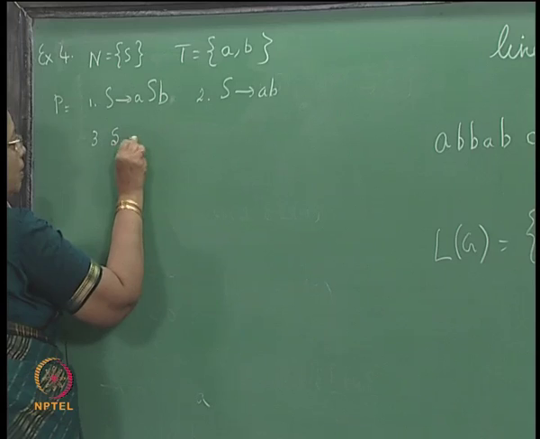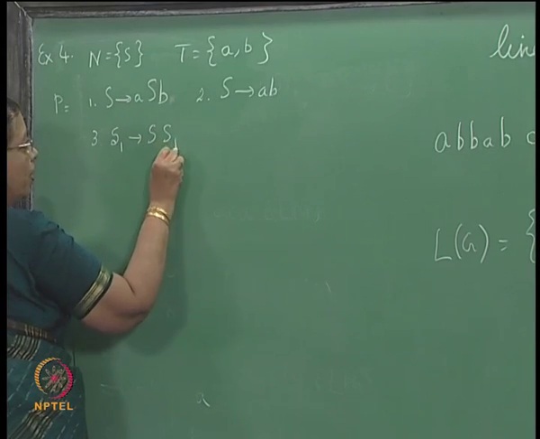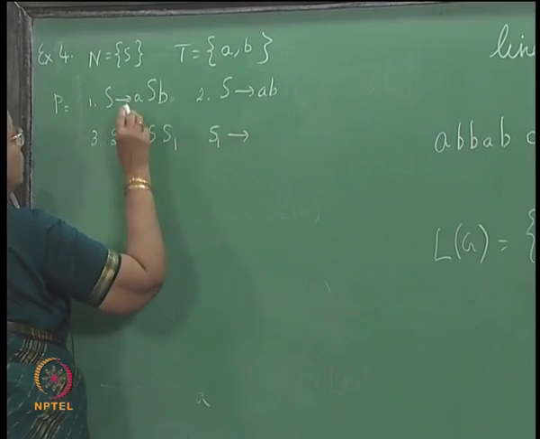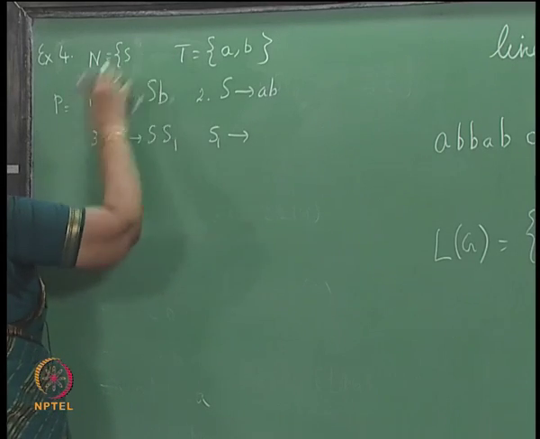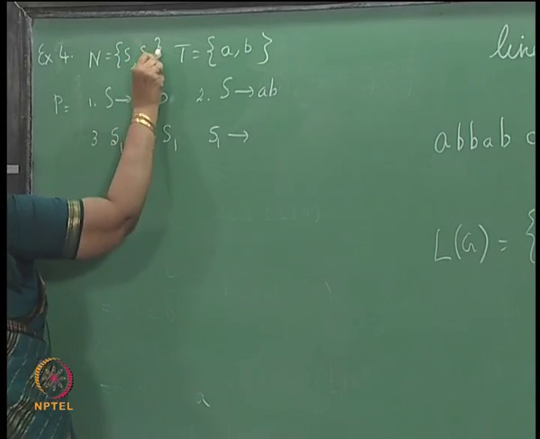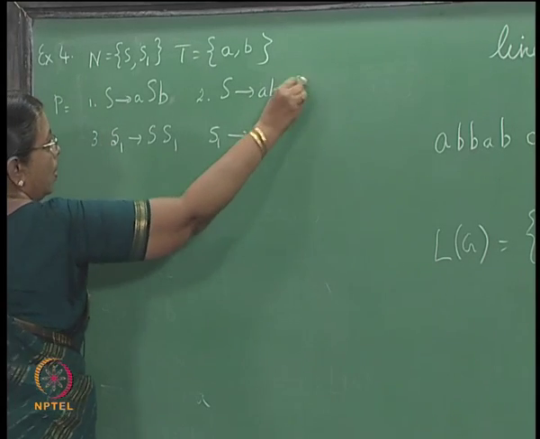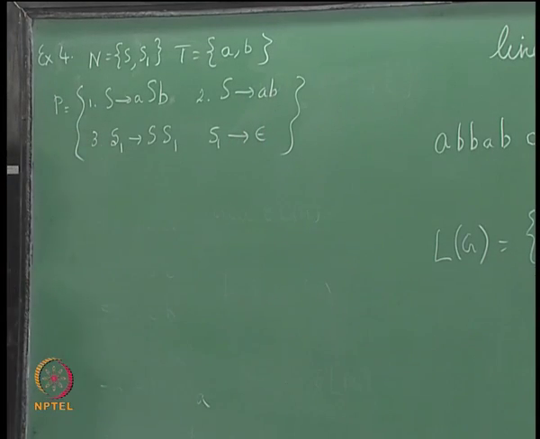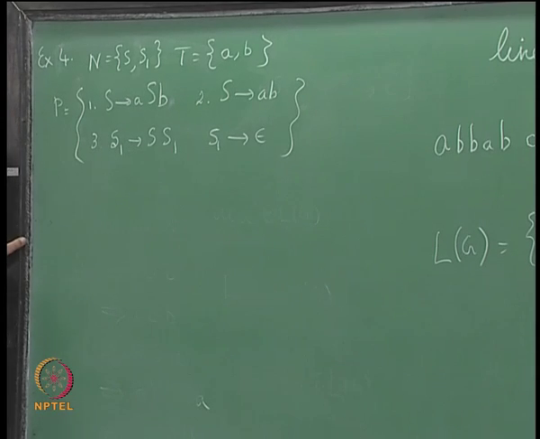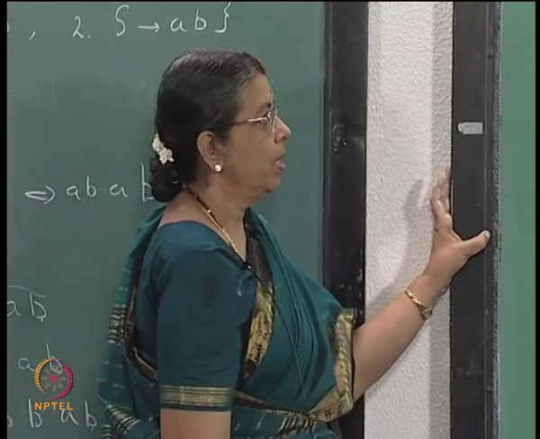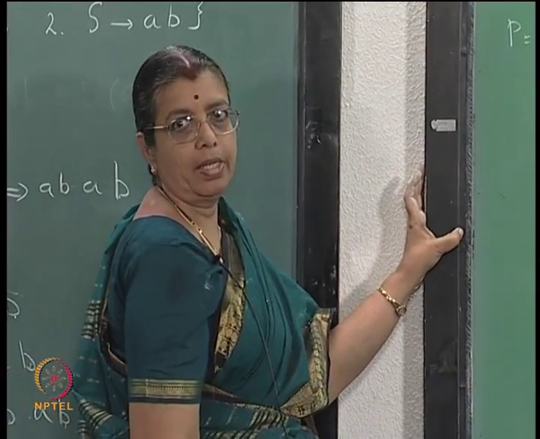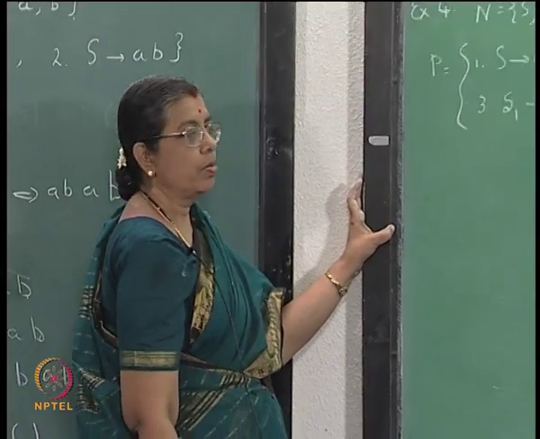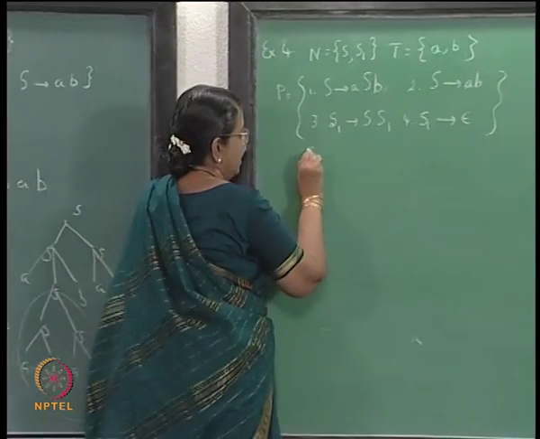There are two non-terminals. The rules are like this, 4 rules are there. S1 goes to S1 S, S1 goes to epsilon, S goes to ASB, S goes to AB. Now, S1 is the start symbol.